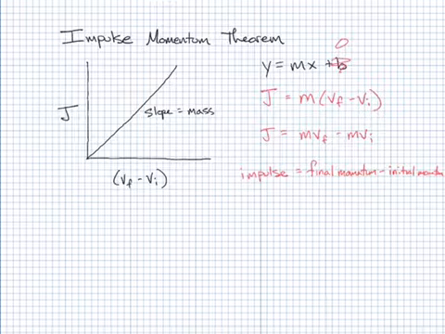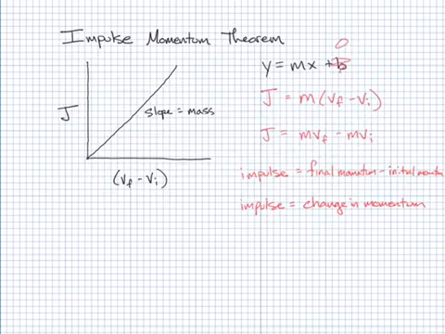So what we've really figured out then is that the impulse on an object is always equal to its change in momentum. And you guys proved that through the lab that you completed. And we're just recapping it tonight.